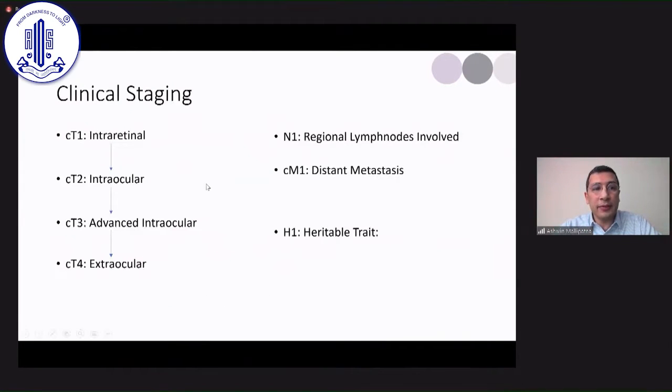So very broadly, we're looking at a tumor in a stage-wise progression: an intraretinal tumor goes on to fill the eye with either a detachment or vitreous seeds, and then progresses further into cT3 eyes, which are advanced intraocular disease, those that we would consider E eyes mostly, and then from there spreads to the extraocular sites.